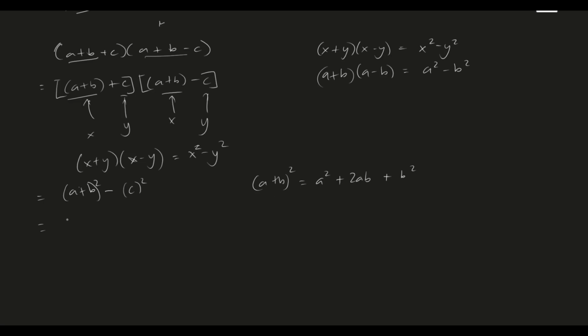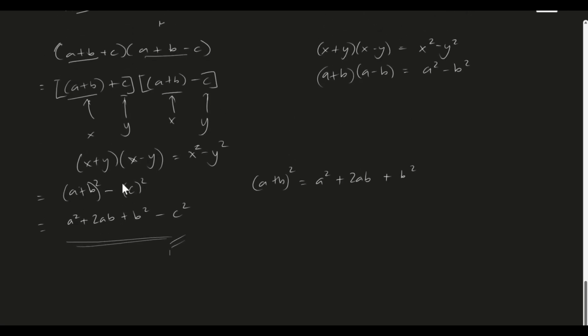So that will be your expanded form. So we have a squared plus 2ab plus b squared minus c squared. So this is your final answer.